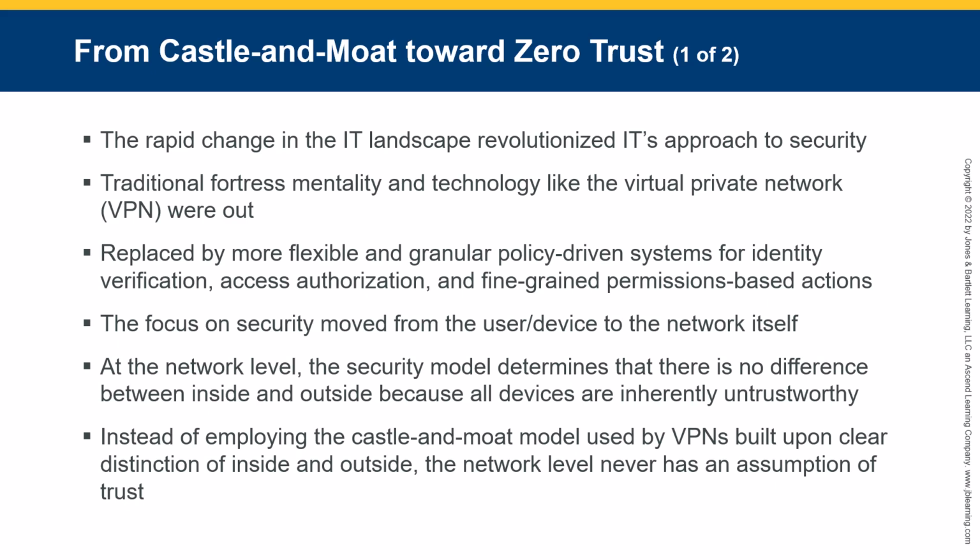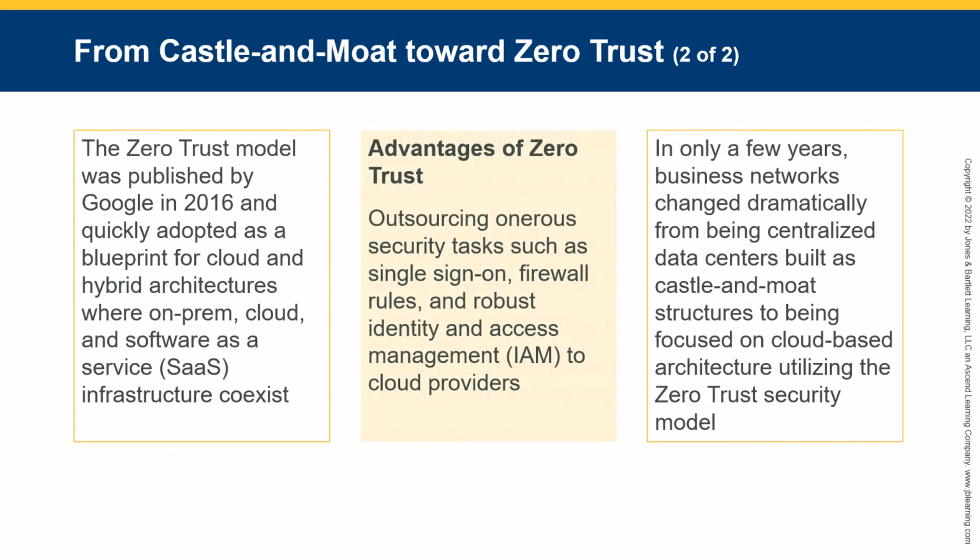And oftentimes that is the point of zero trust, is everything is deemed untrustworthy until a certain profile or configuration is actually set forth to protect and trust those base devices. So instead of employing the castle and moat model used by VPNs built upon clear distinctions of inside and outside, the network has the assumption of distrust. The network can figure out what it trusts, what it doesn't trust.